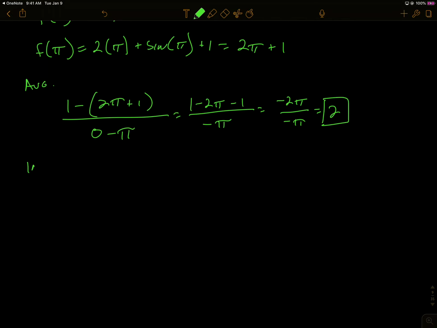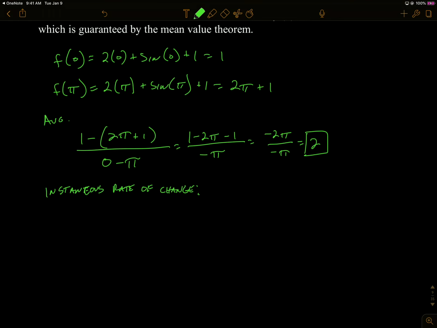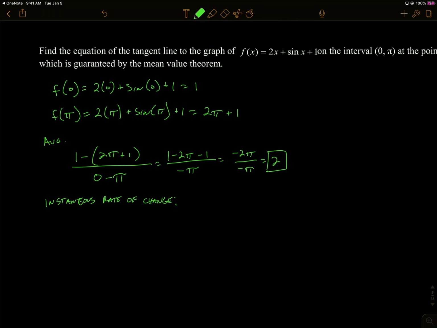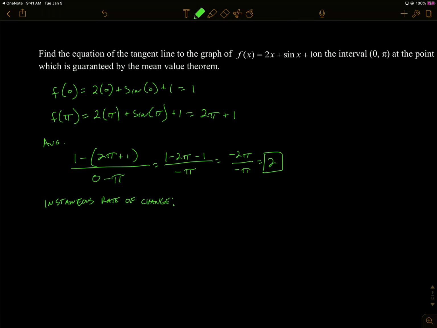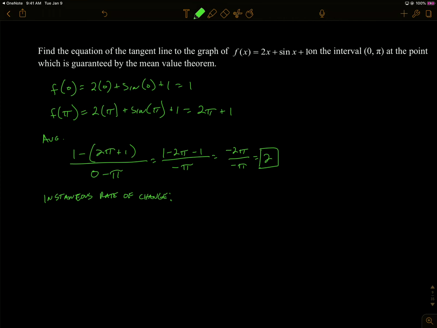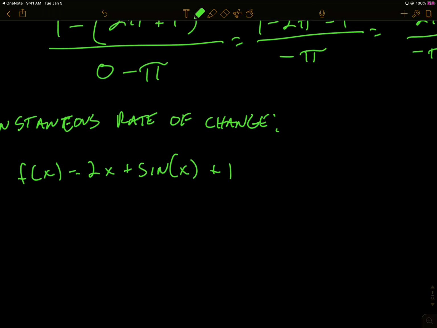So now the instantaneous rate of change on the interval will happen at the derivative. So we want to find the c where the derivative equals 2. If I take the derivative, I like to use the c because that's what it says in the theorem.